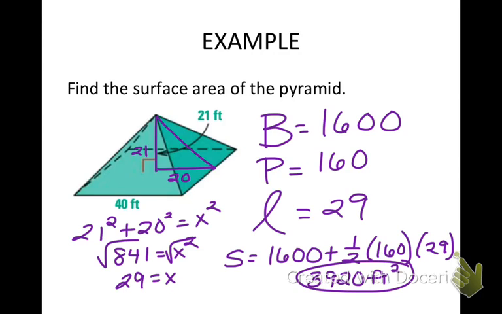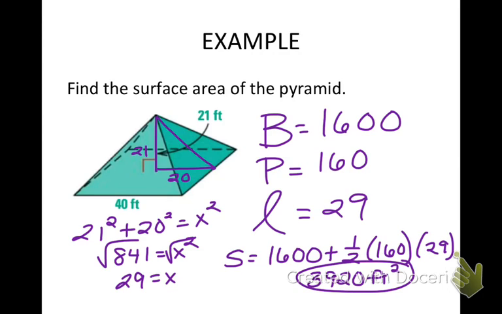Pi times radius squared. And think about yesterday, another name for the perimeter of a circle is the circumference. So what's your circumference formula? 2 pi r times your slant height. Well, what happens when you do 1/2 times 2? It just goes away to 1, right?